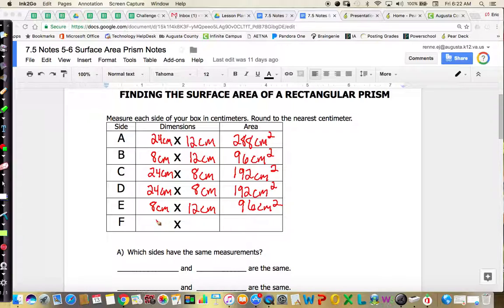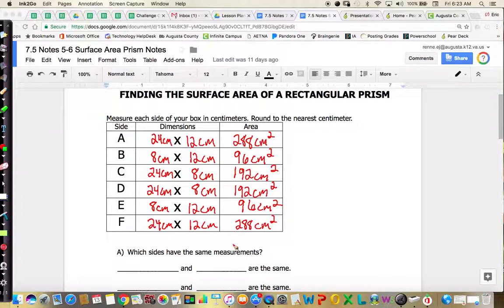And F is the same as A. So it gave us 24 centimeters by 12 centimeters, which is 288 centimeters squared.